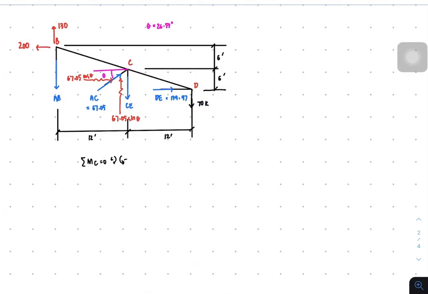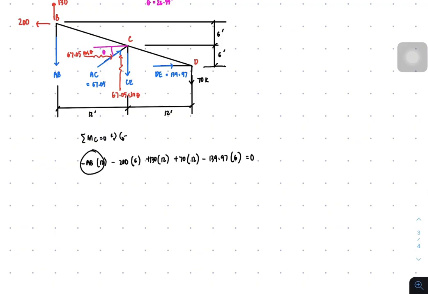So let's have the summation of moment at point C. We have AB counterclockwise, negative AB times 12, and then minus 200 times 6, and then plus 130 times 12, and plus 70 times 12, minus 139.97 times 6 equal to 0.